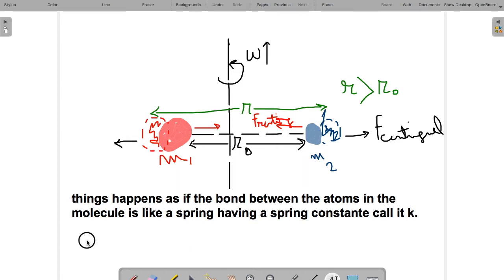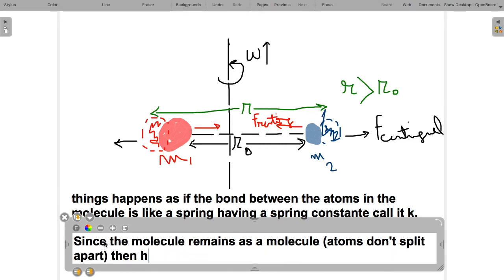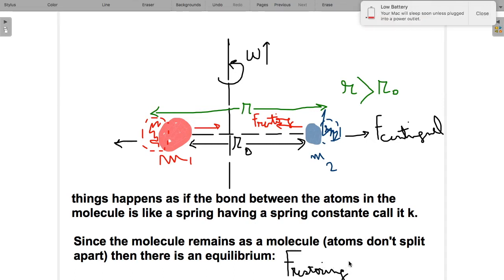Since the molecule remains a molecule, the atoms don't split apart, then there is an equilibrium between these forces, which means that F restoring is going to be equal to F centrifugal.